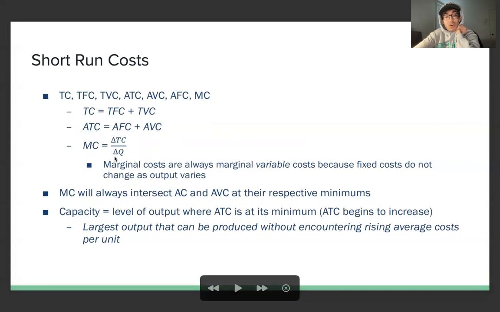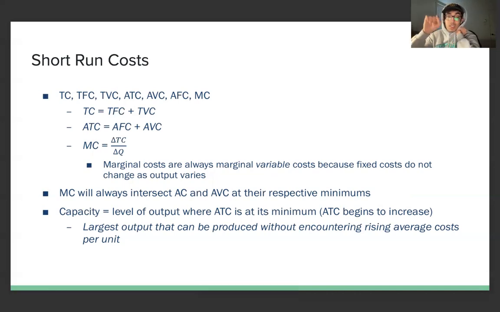So marginal cost always stems from variable cost, and you can call it marginal variable cost. MC will always intersect the average total cost and the average variable cost curves at their minimums, and we'll see a logical way to interpret this as well. And capacity is just a term. It's the point where your average total cost is at its minimum, and then it starts increasing.